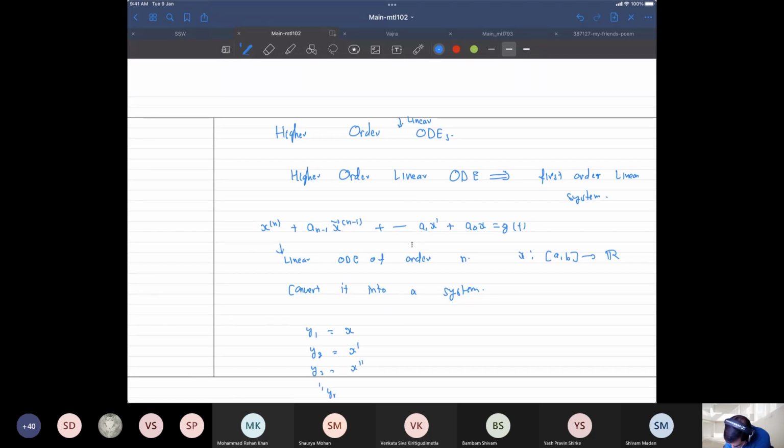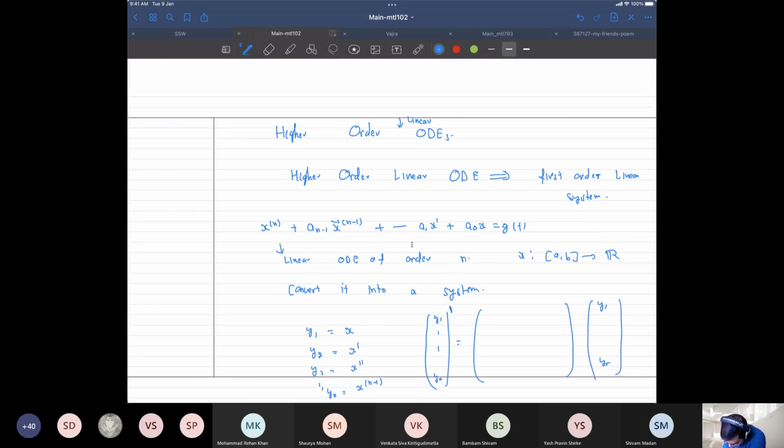So yn will be basically the (n-1)th derivative of x. Okay, and then you can write y1 to yn, now I will write it as a system.